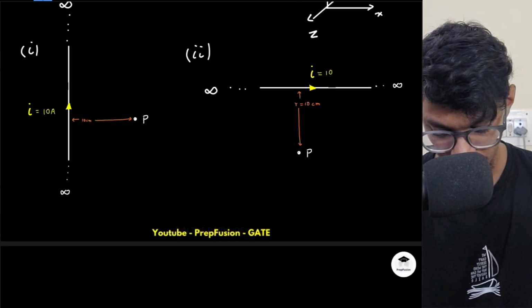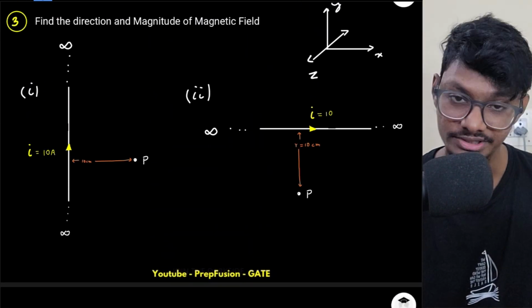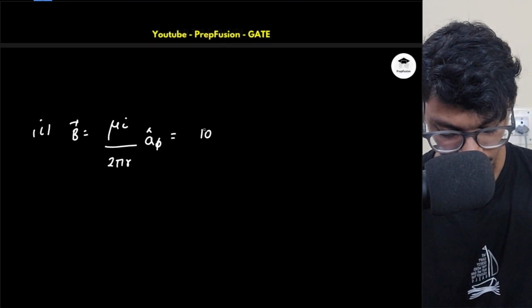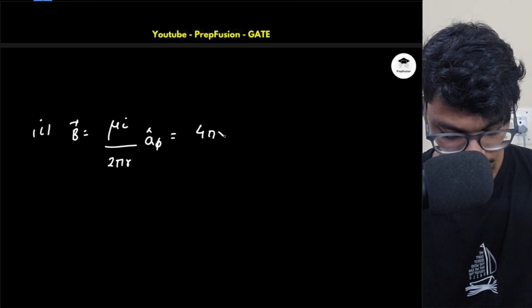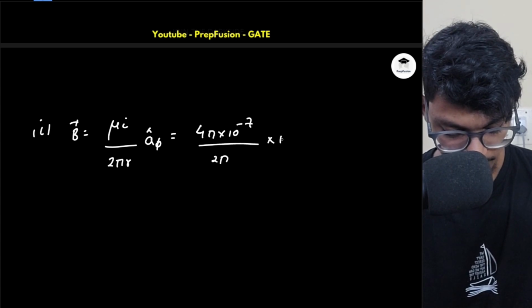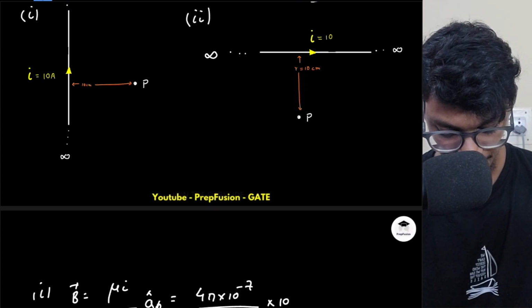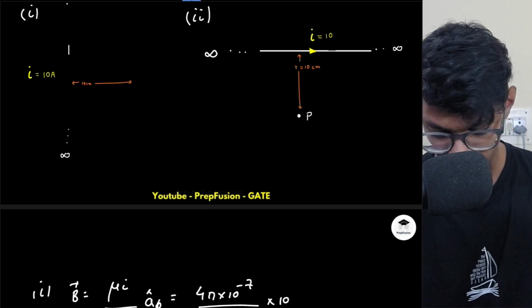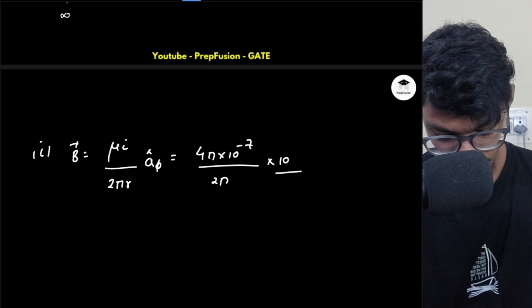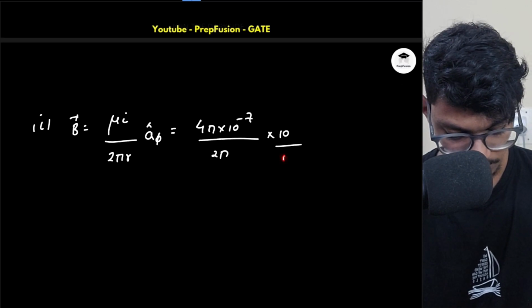As nothing is given, I will just assume that it is free space. So this will be 4 pi into 10 raised to power minus 7 divided by 2 pi, into I which is 10, divided by the perpendicular distance. What is the perpendicular distance? It is simply 10 centimeters.